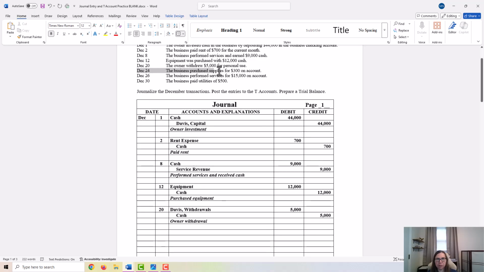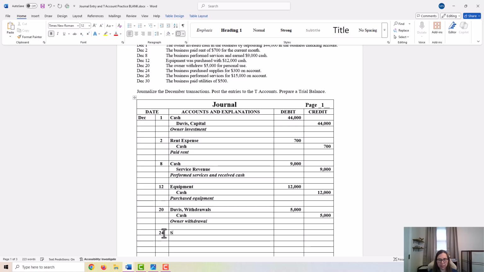Okay, the next one, the business purchased supplies for $300 on account. On account is either an accounts payable or an accounts receivable. In this case, since it's a purchase, that would be an accounts payable. They're going to owe the money, so this is going to be a debt. So I'm going to put the date and I'm going to put the debit first, which in this case, if they're purchasing supplies, supplies is an asset.